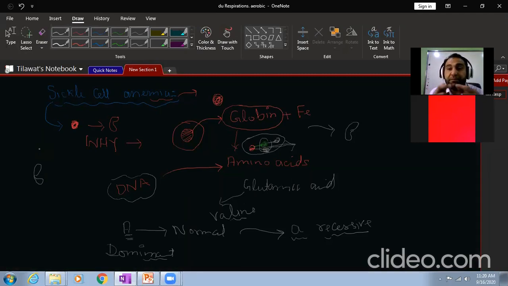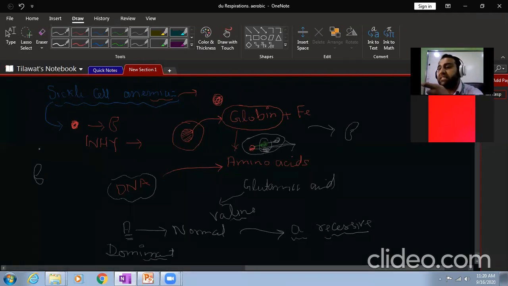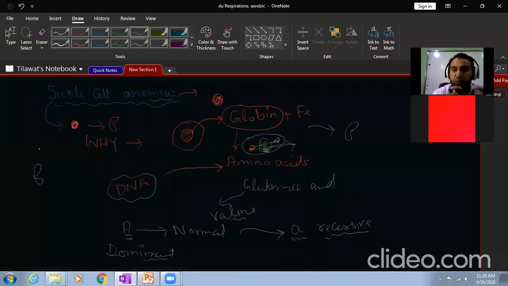But when it becomes sickle shape, it loses that flexibility, so it's hard for them to pass through capillaries. Second thing, the shape becomes just like a sickle, so they can stick to each other and block capillaries. Even this sickle shape also can't transport enough oxygen, so they also lose the ability to transport oxygen.